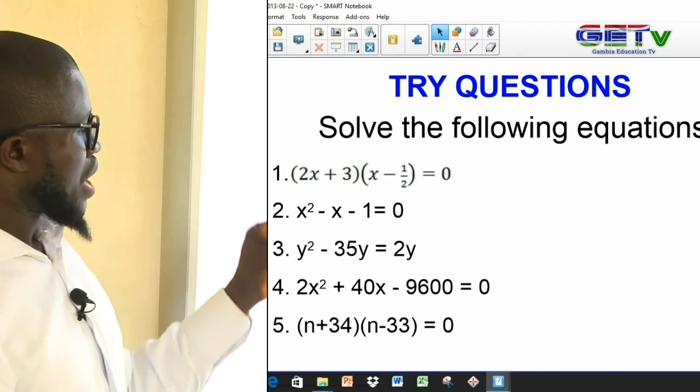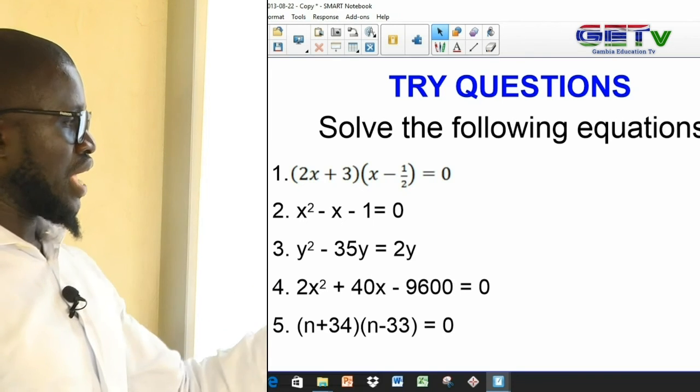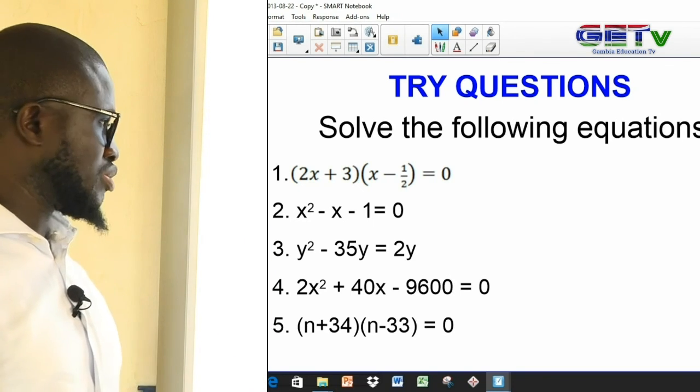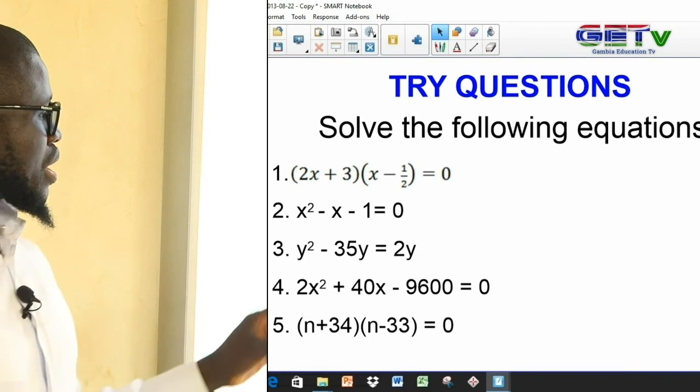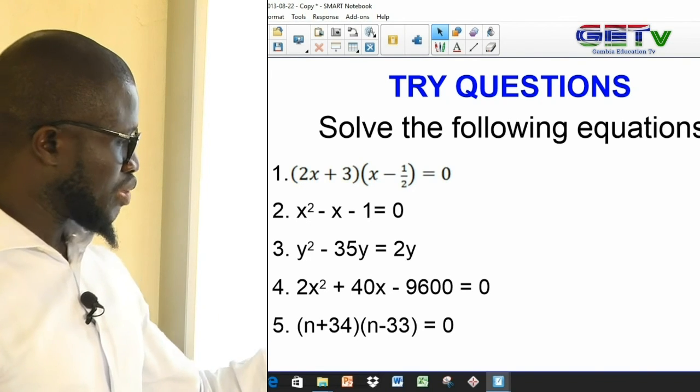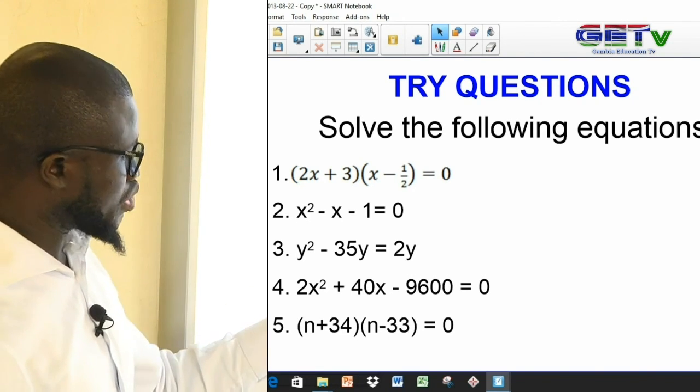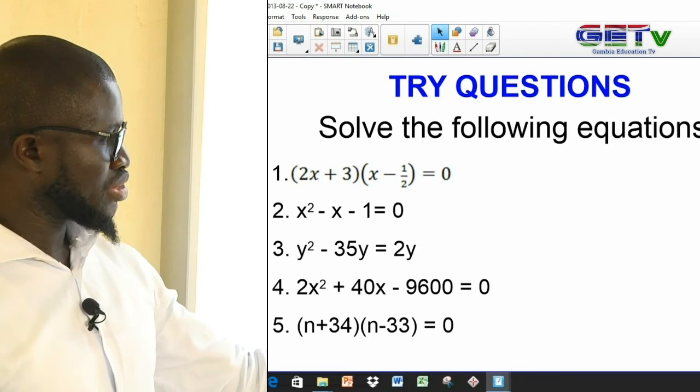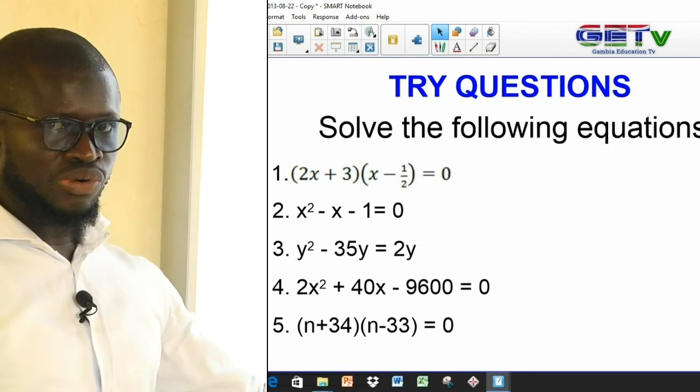Question 2, x square minus x minus 1 equals 0.